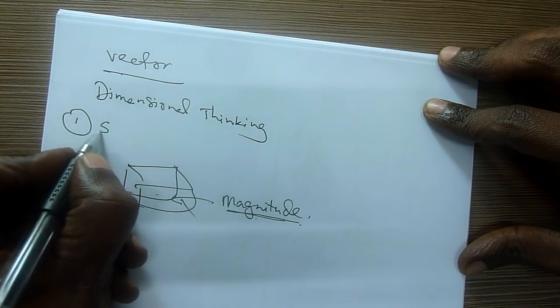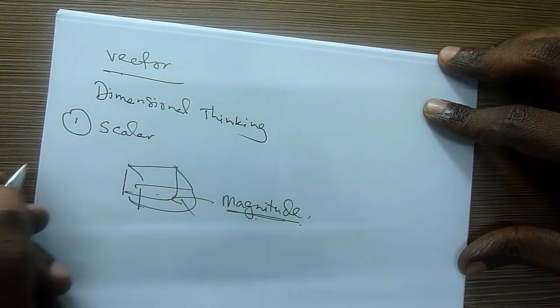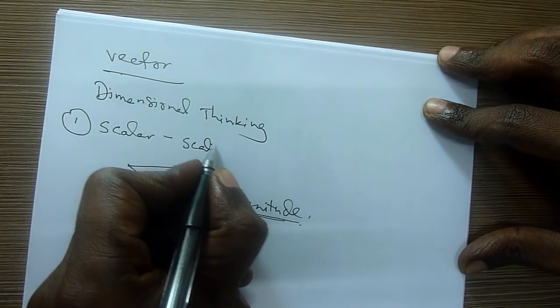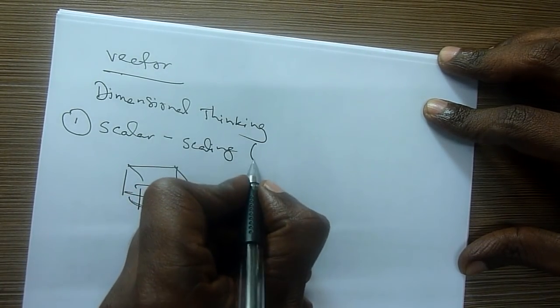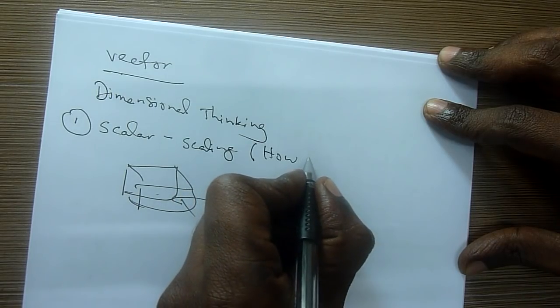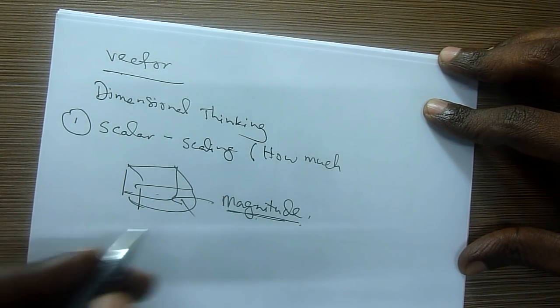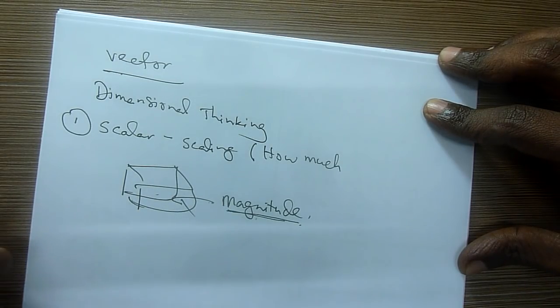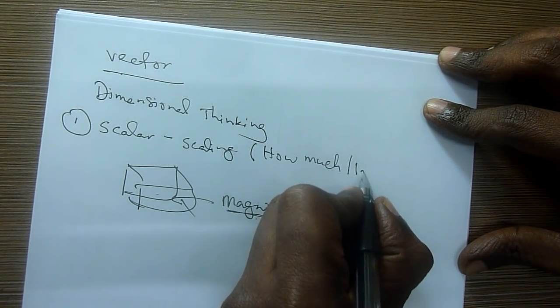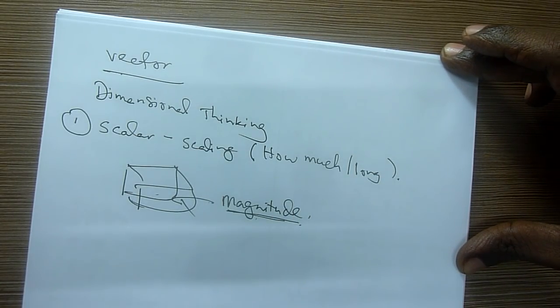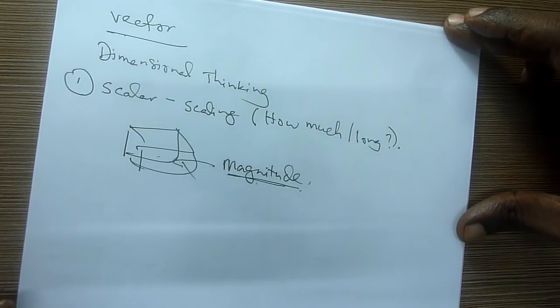Therefore, we call this a scalar, or we may call it scaling. For example, how much does it weigh when I weigh this object? How long is it?